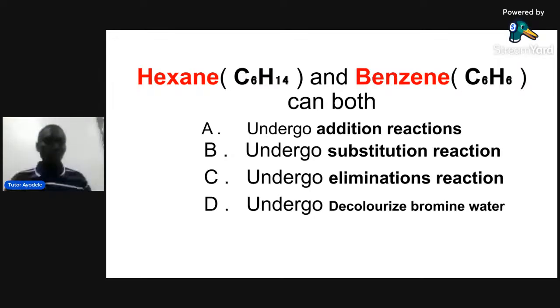Because I said alkanes and cycloalkanes undergo substitution reaction alone. Alkenes, alkynes, cycloalkenes, and cycloalkynes undergo addition reaction. But benzene undergoes both of them. Benzene prefers one to the other. Which one does benzene prefer?